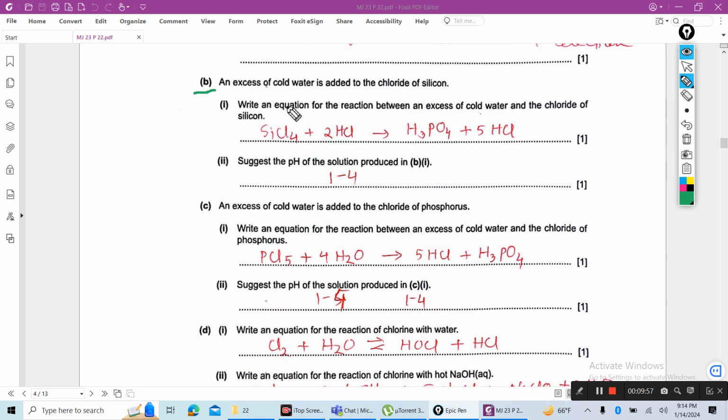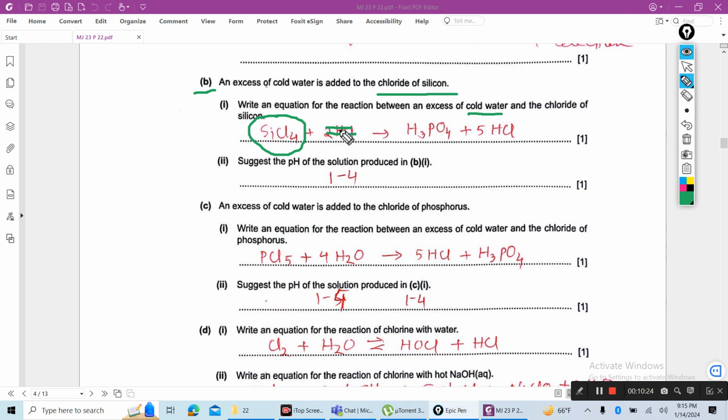Now number B, an excess of cold water is added to the chloride of silicon. Chloride of silicon means silicon tetrachloride. Write an equation for the reaction between an excess of cold water and the chloride of silicon.